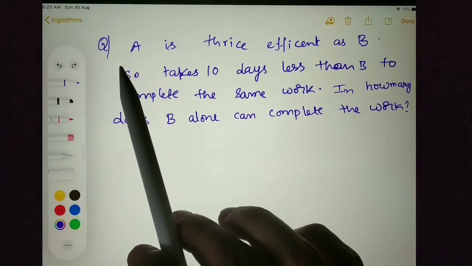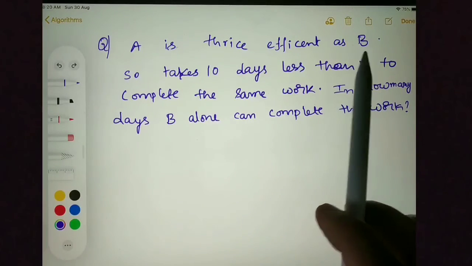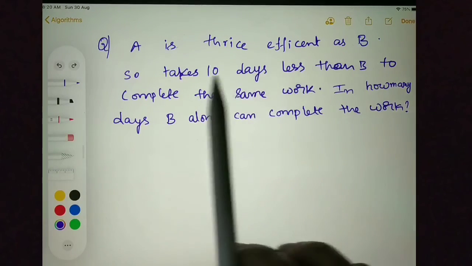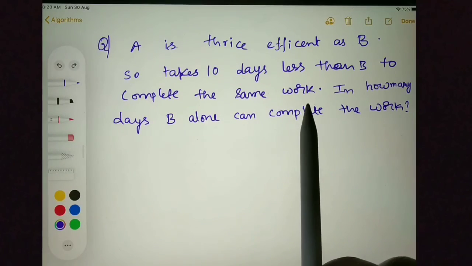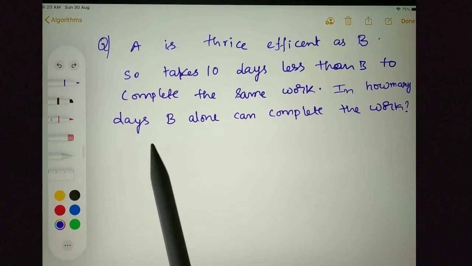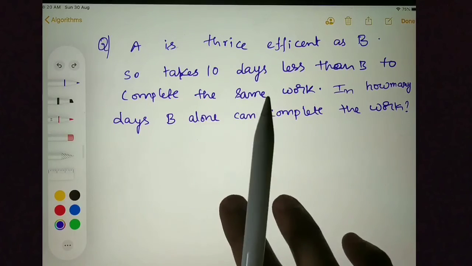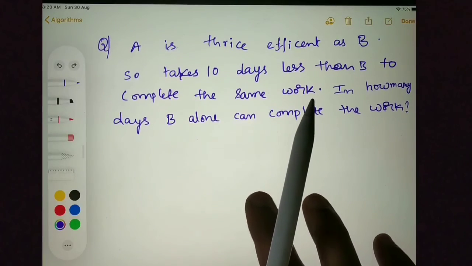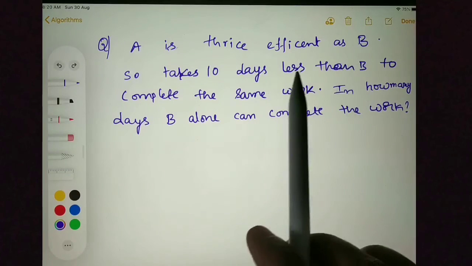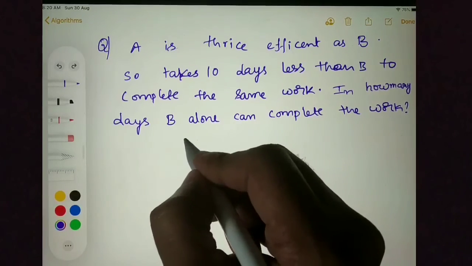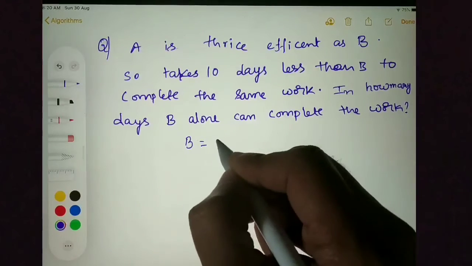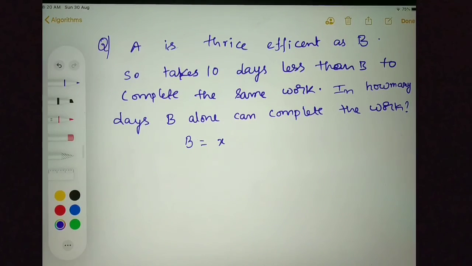Here is another question. A is thrice as efficient as B. It means A is 3 times better than B. So A takes 10 days less than B to complete some work. In how many days can B alone complete the work? This is the question. Because we don't know in how many days B can complete the work, we take it as X. B can complete the work in X days.